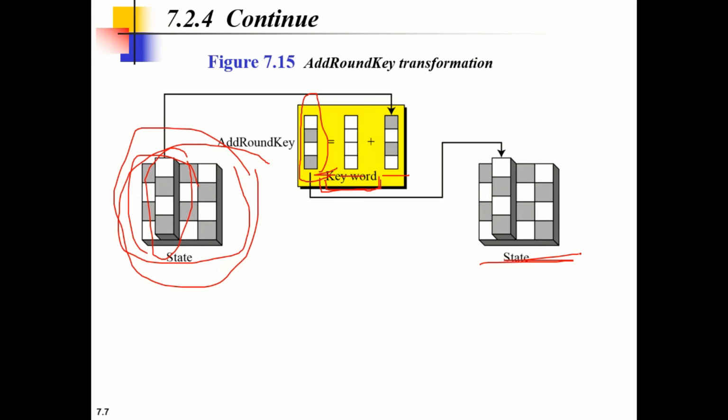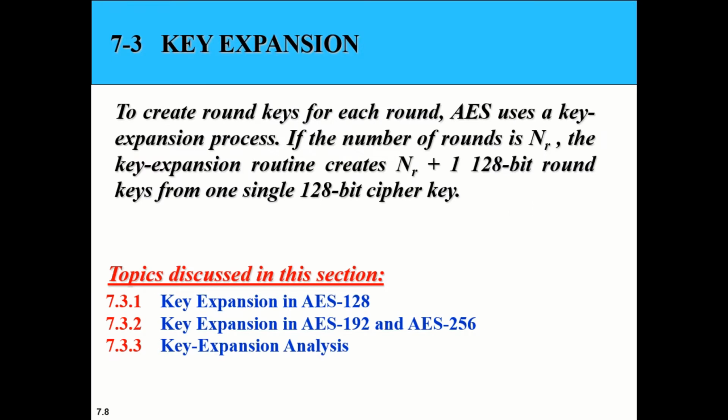If you remember, we had the initial round which was called the pre-round. One key we need for that round, and one key for each and every round. For that purpose, we need to expand the keys.